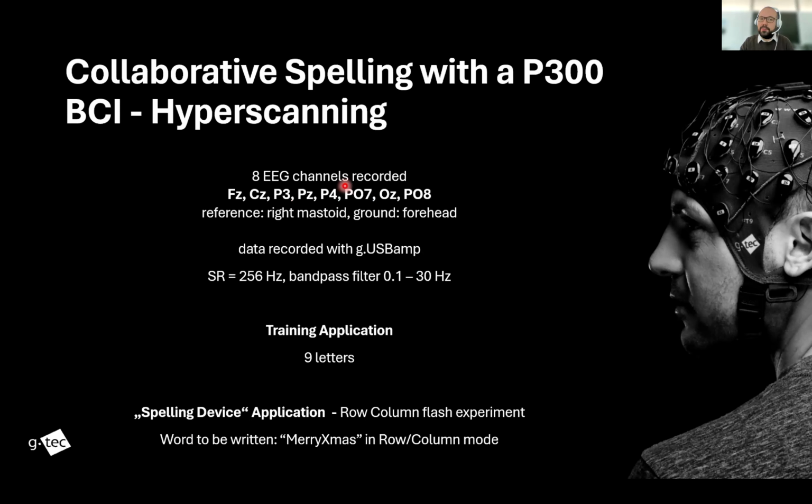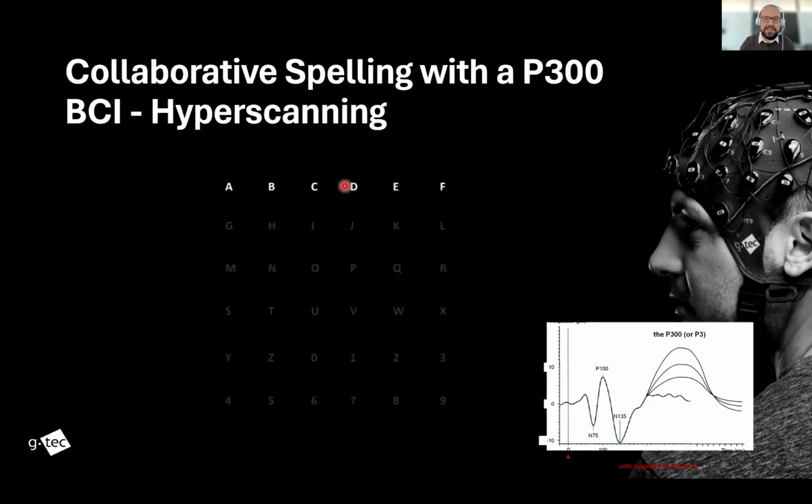Recording with a sampling rate of 256, we were using a couple of g.USBamps with a bandpass filter between 0 and 30 Hertz. They were trained on 9 letters, and then we hoped that they were able to actually wish a Merry Christmas to all our customers.